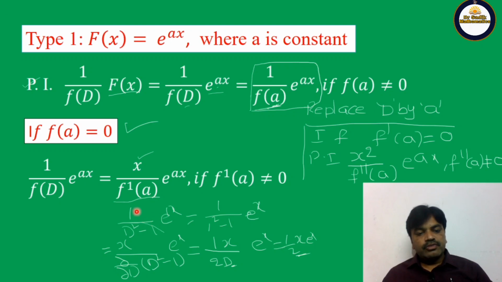This is the example, friends: 1 by (D² − 1) into e^x. Simply replace D by 1, that means we get 1² − 1, and this value is 0, like this case. So we have x by ∂/∂D of (D² − 1) into e^x. You first differentiate, then replace D by the x coefficient, that means a. Finally we get this particular integral.